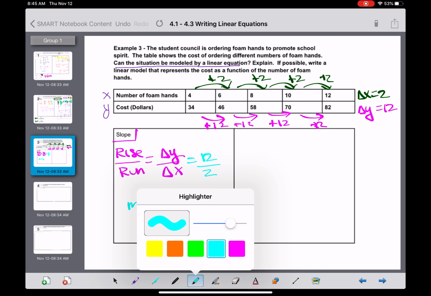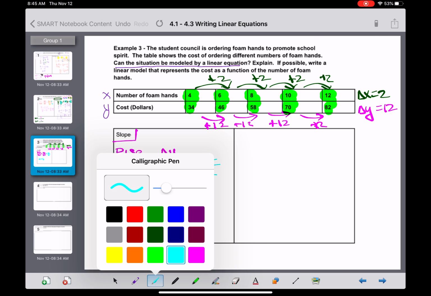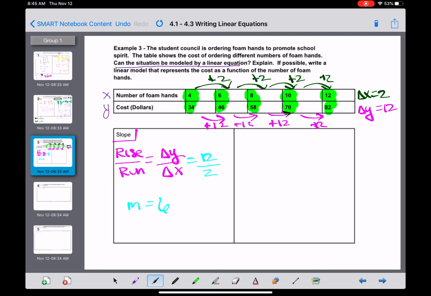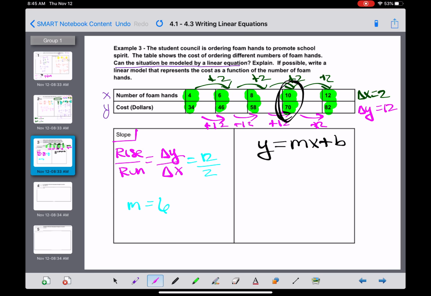We have 5 coordinates we can choose from: (4, 34), (6, 46), (8, 58), (10, 70), (12, 82). It does not matter which coordinate you choose, you will still arrive at the same answer. This time I'm going to solve in slope-intercept form, and I'm going to choose the coordinate (10, 70). So my y value is 70.